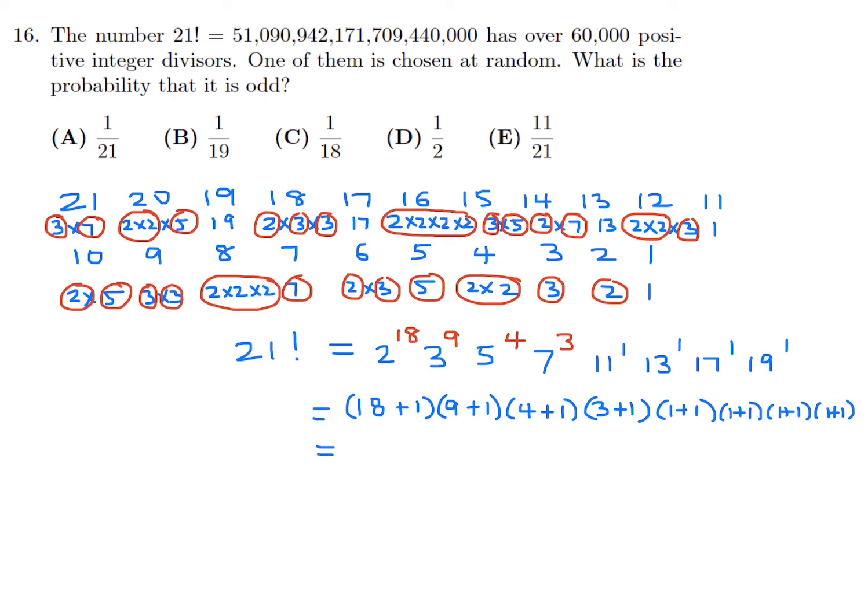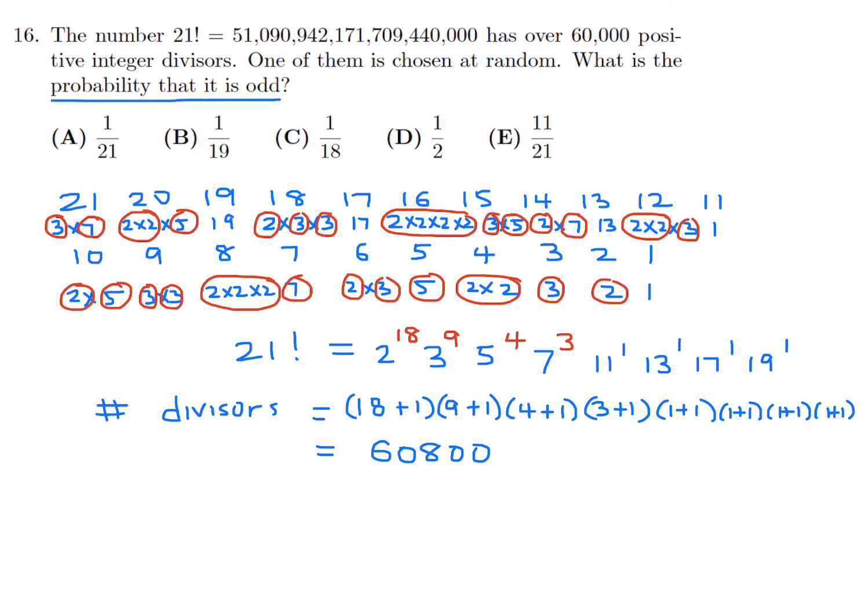So when you multiply all this out, this is the number of divisors. That's a quick formula. When you multiply this number out, you get 60800, and that is indeed what they're saying. It's over 60,000 positive divisors. Now what they're saying is one of those divisors is chosen at random.